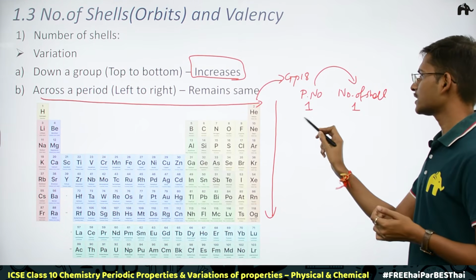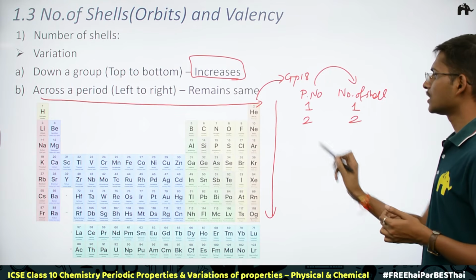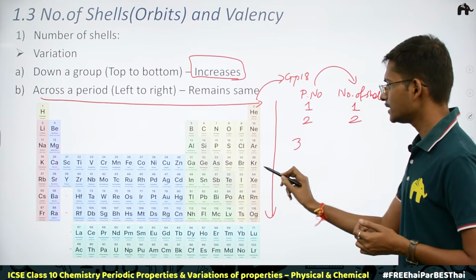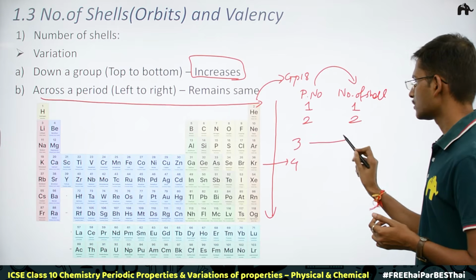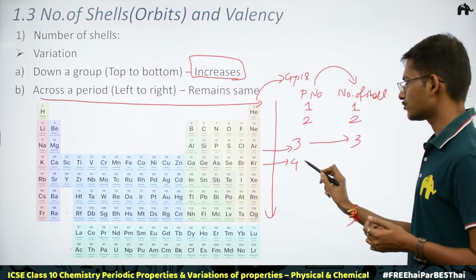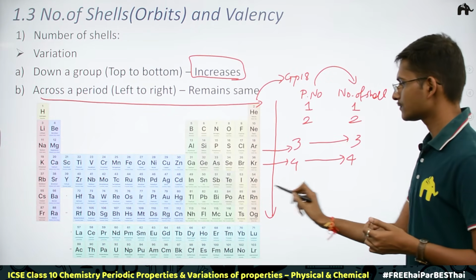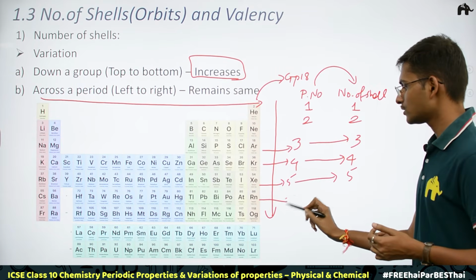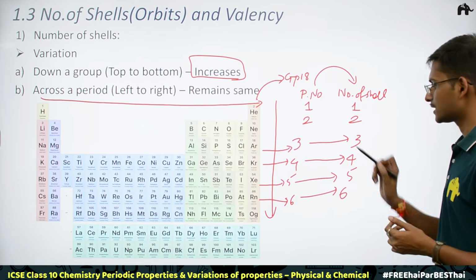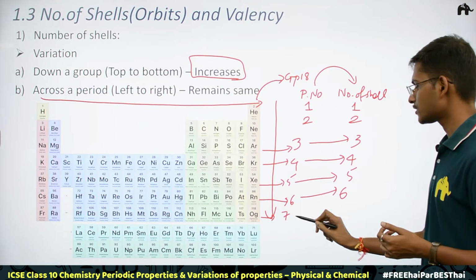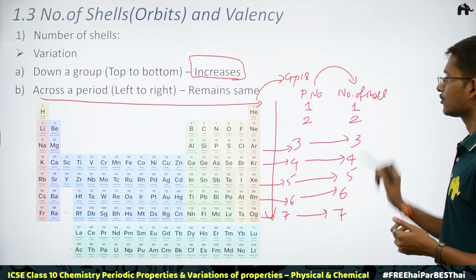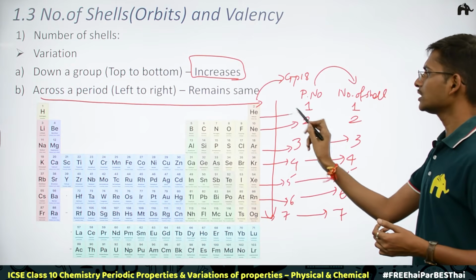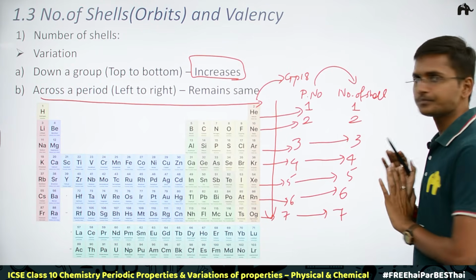Similarly, the number of shells for period number 2 would be 2. Same way, for 3 it would be 3, for 4, the number of shells would be 4. Then for xenon, the number of shells would be 5. Radon, the number of shells would be 6. And similarly, oganesson, the number of shells would be 7, because they belong to the respective period number.